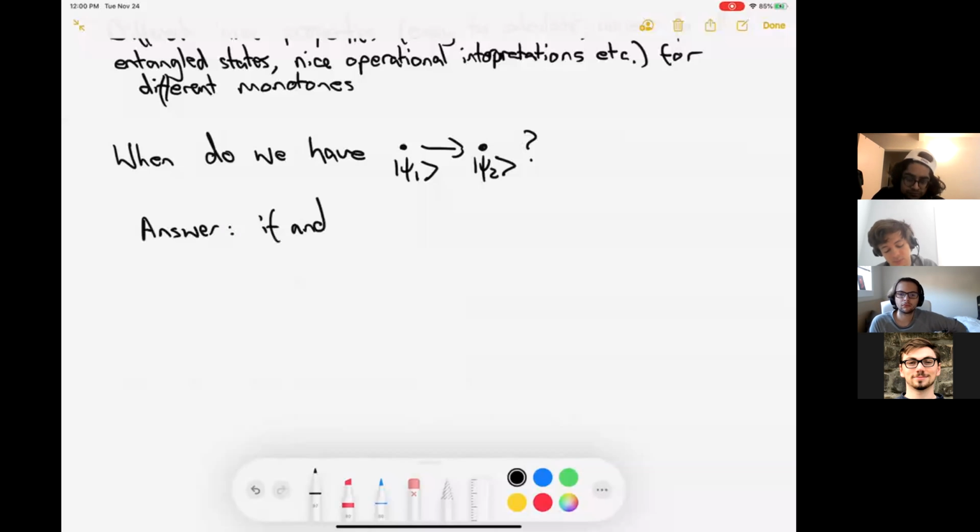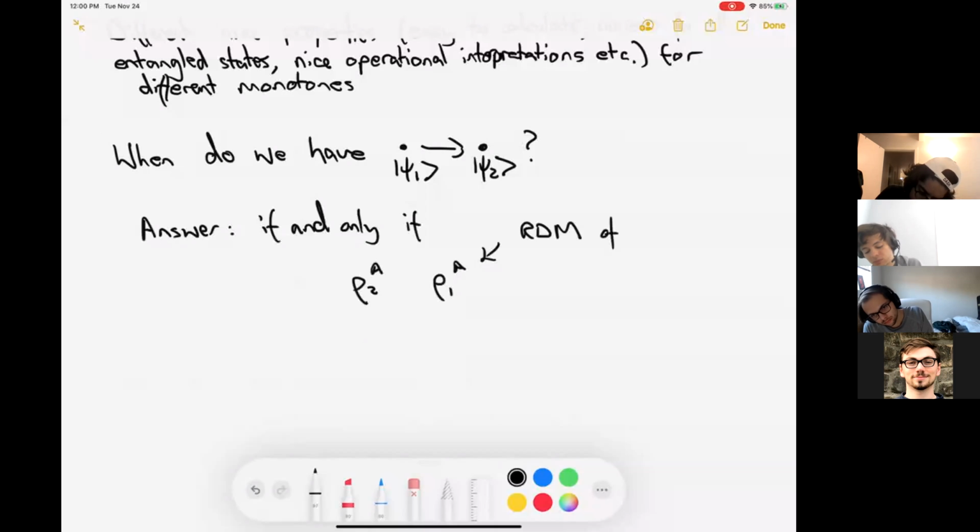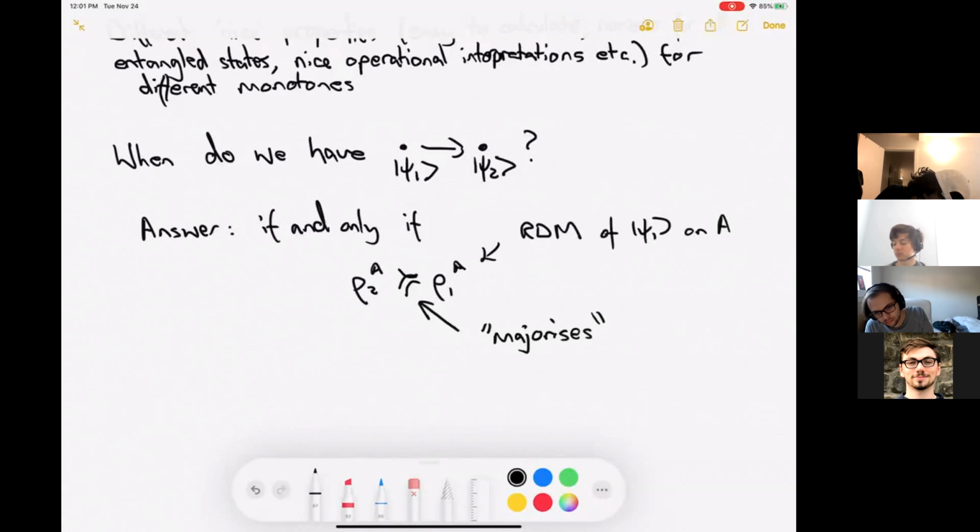You can do so if and only if the reduced density matrices rho 2A and rho 1A of the states psi 1 and psi 2 satisfy the following property, denoted with this curly greater than or equal to symbol: rho 2A majorizes rho 1A.